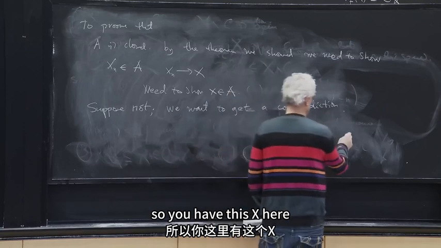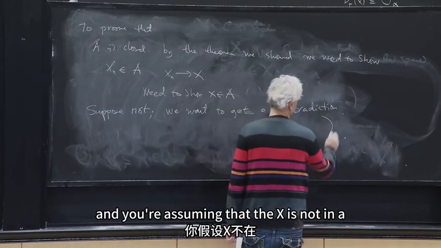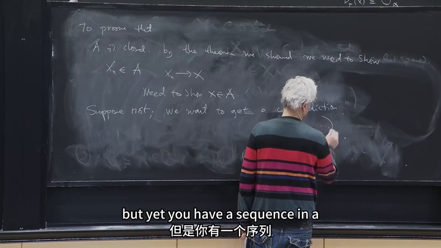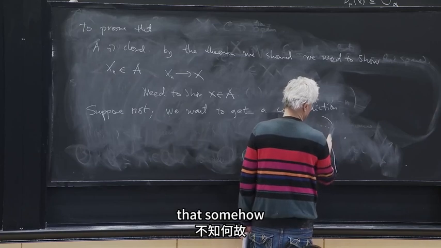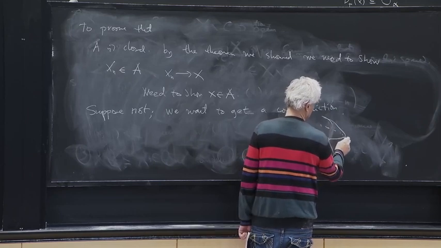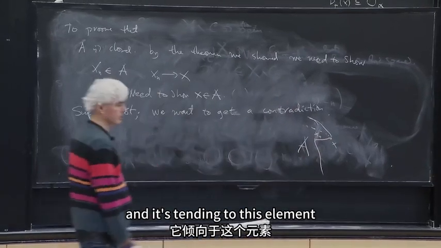So you have this x here, and you're assuming that x is not in A, but yet you have a sequence in A that somehow tends to this. This is the sequence xn, and it's tending to this element.